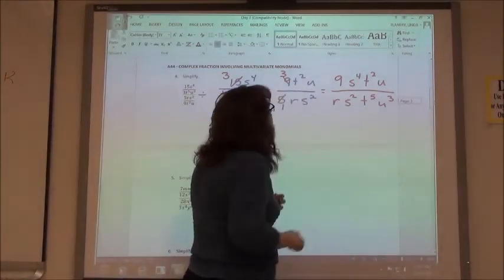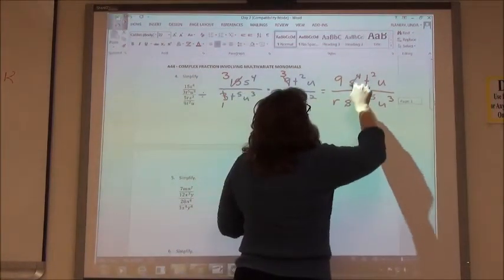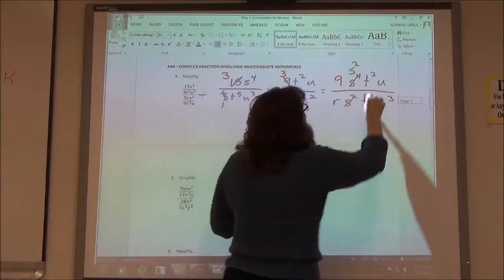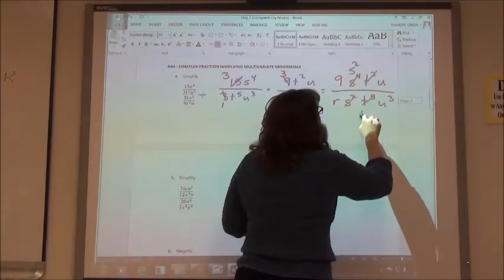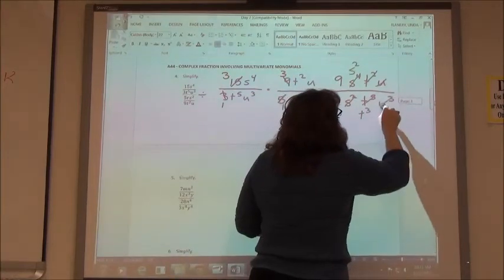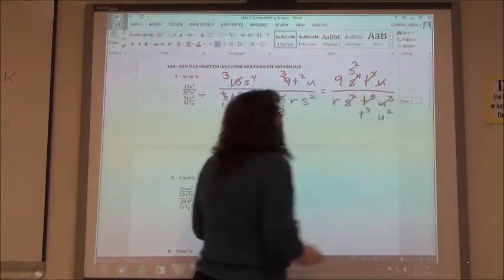So I can take out 2 of my s's, which means I'm going to have an s to the 2nd on top. I can take out 2 of my t's, which leaves me a t to the 3rd on the bottom. And I can take out 1 of my u's, which leaves me a u to the 2nd on the bottom.